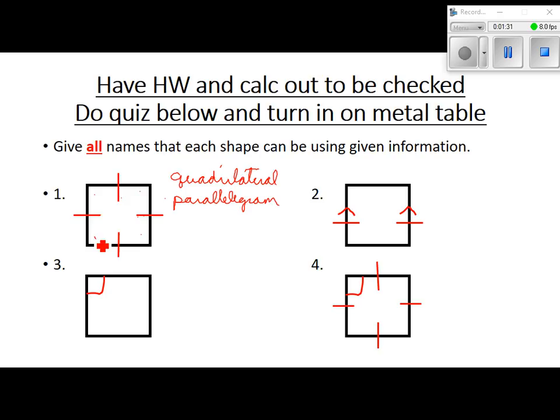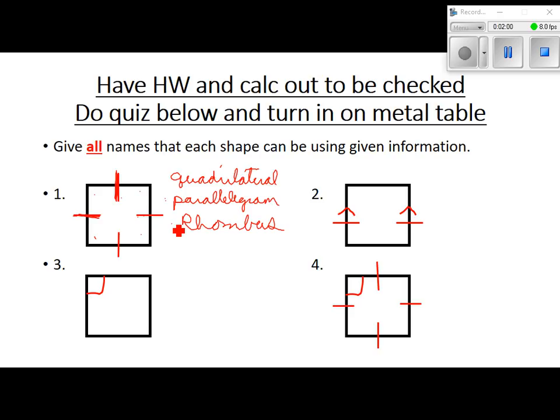Once you know it's a parallelogram, the easiest way to prove it's a rhombus is to have two consecutive sides that are congruent. We have that. We actually know all four sides are congruent, so this one's a rhombus. And we don't really have to check to see if it's a square. If it's a rectangle and a rhombus, then we know it's a square. Well, this one's just a rhombus, so those are the three names that you could give this one.